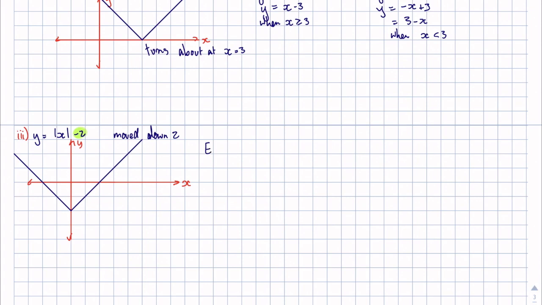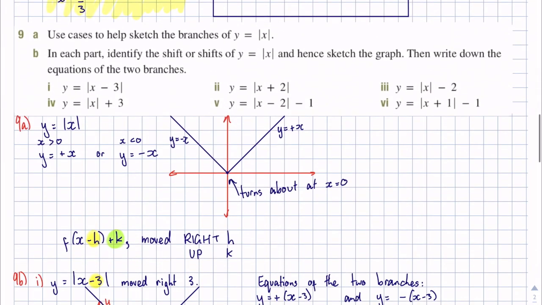The equations. Oh, and this turned around. This one was y equals 0. This one's at x equals 0, y equals negative 2 because it's gone down 2 spots. So for the equations, we've got y equals positive x, take 2, and y equals negative x, take 2. The take 2 was afterwards, so we don't need to change its sign. It's just for the x.